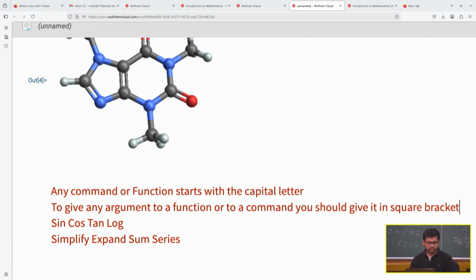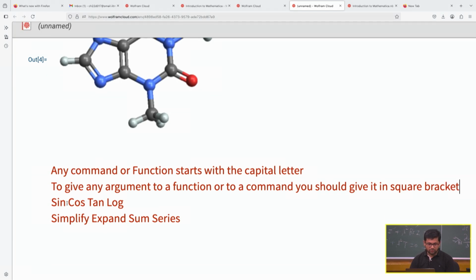What does it mean is, like we have sin, so if I want to put sin x, I will write a square bracket and then I will put x. So, that is how we give an argument to a function. So, cos is another function, if I want to put inside it, I will write a square bracket and then x.